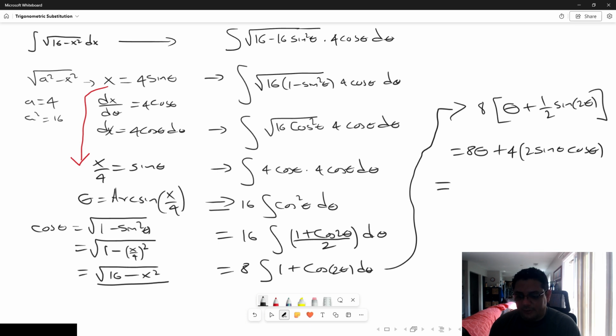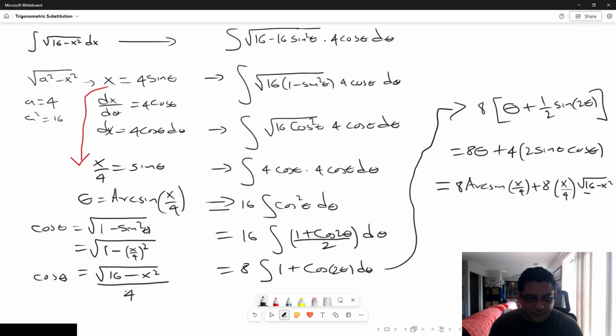But when we take the square root, it will be over 4. So this will be the value of cosine of theta. Then we can replace it here: 8 arcsine of x over 4 plus 8 times sine of theta, which is x over 4, and cosine of theta, which is the square root of 16 minus x squared over 4 as well.